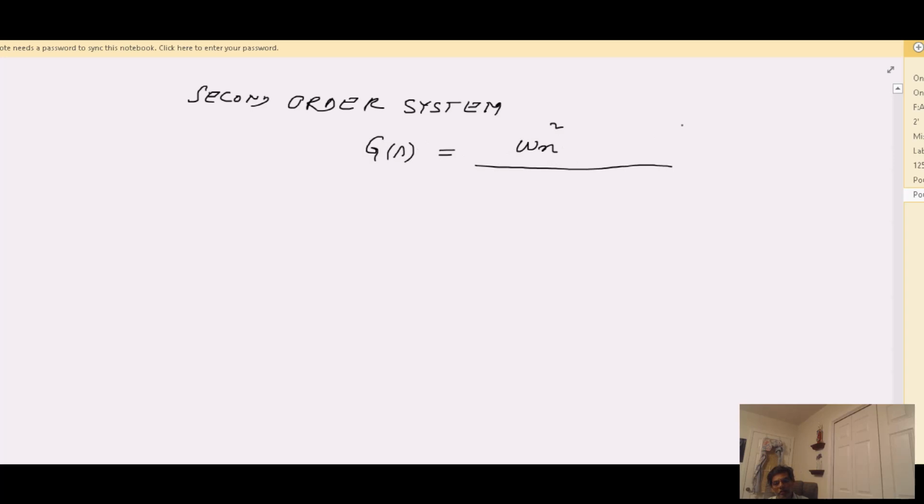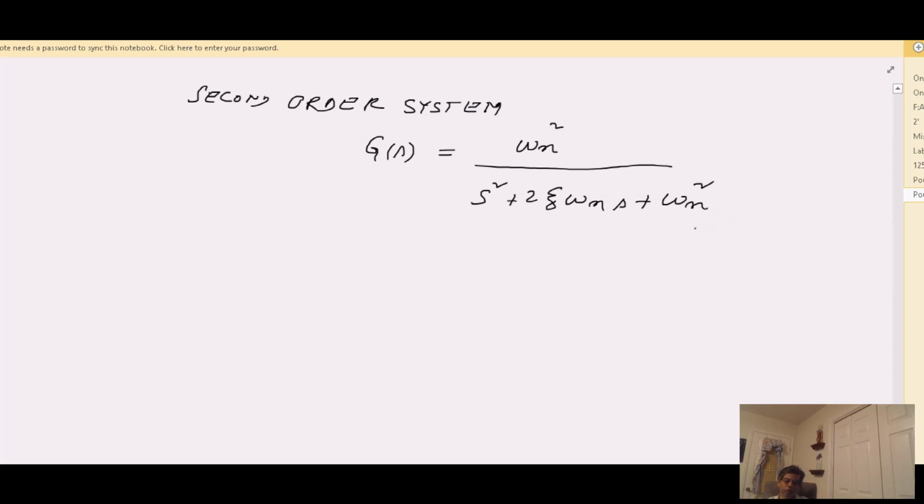That is when the zeta or the damping ratio is equal to 0 and the system is oscillating, right? So s squared plus 2 zeta, this is your damping ratio, omega n times s plus omega n squared. This is the general form of the second order system.